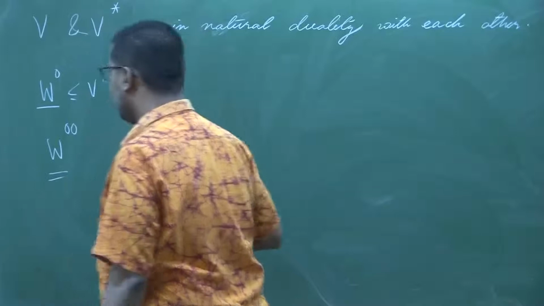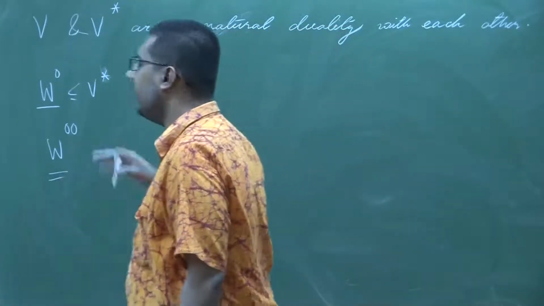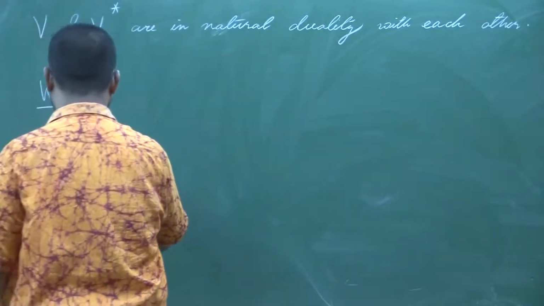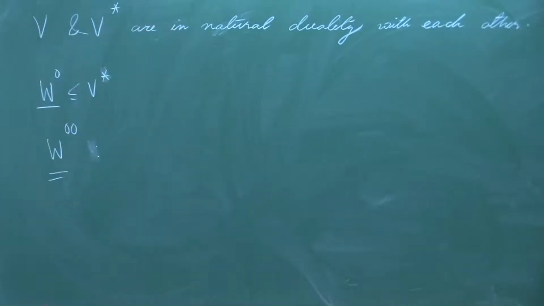So, what is the double annihilator of W, in view of this identification?